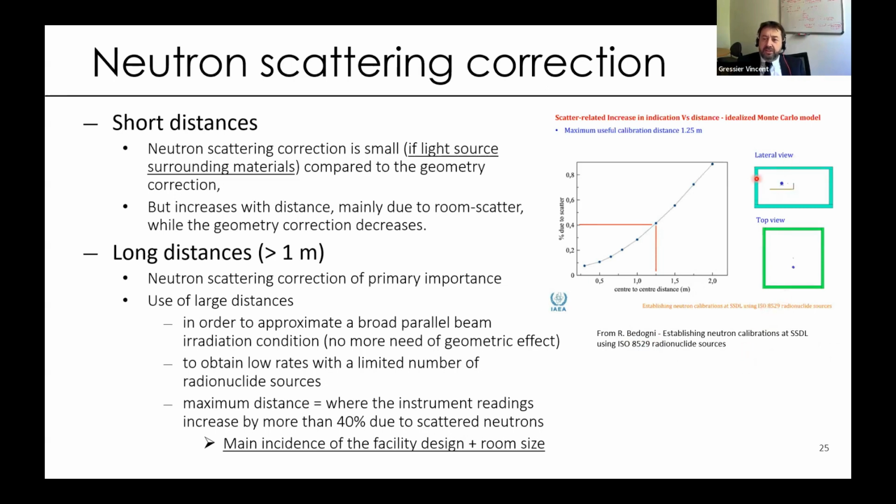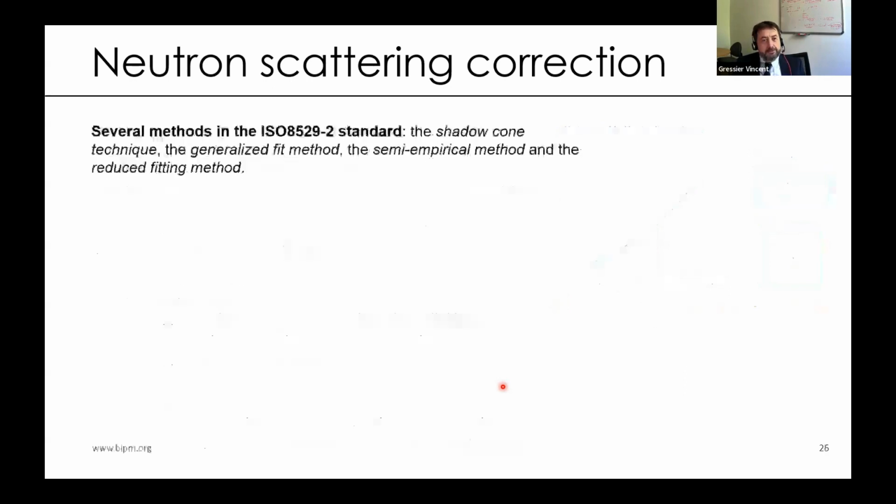If you consider this kind of room, which is a square room, and here you have a few meters, and you calculate the percentage of the reading of your device which is due to the scattered neutrons, and this is the distance from the center of the source, you see that you will reach 40% at a distance of 1.25 meter. So you are limited if you want to strictly follow the recommendation in this standard.